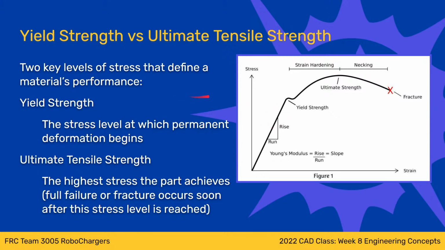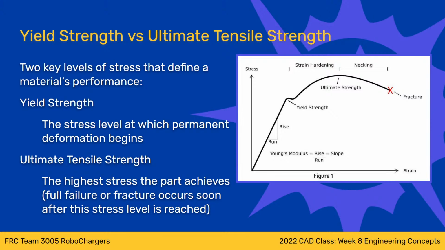So, basically, if you want to think about understanding the strength of a material in its most simple state, these two numbers are the most important things you need to know. Yield strength is the stress level at which a material starts to deform permanently.